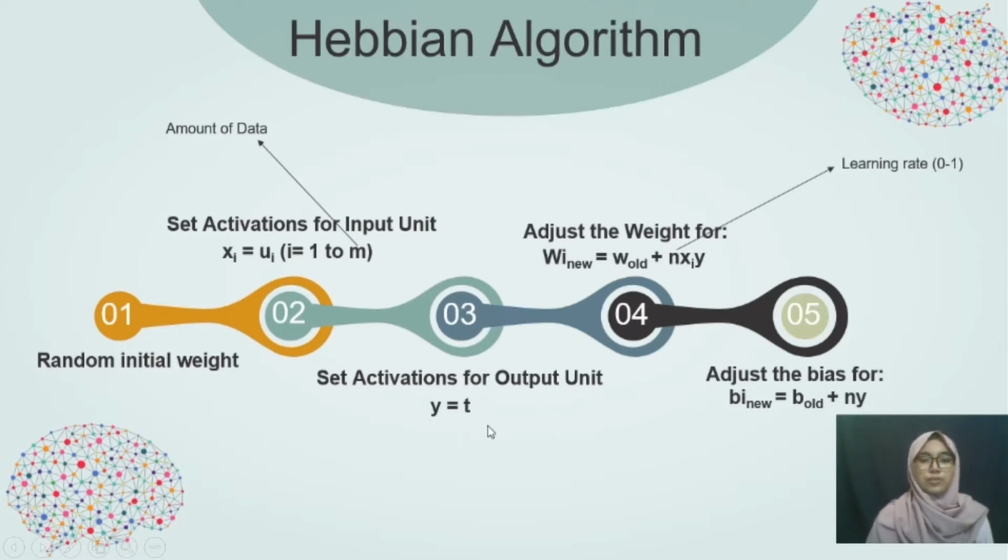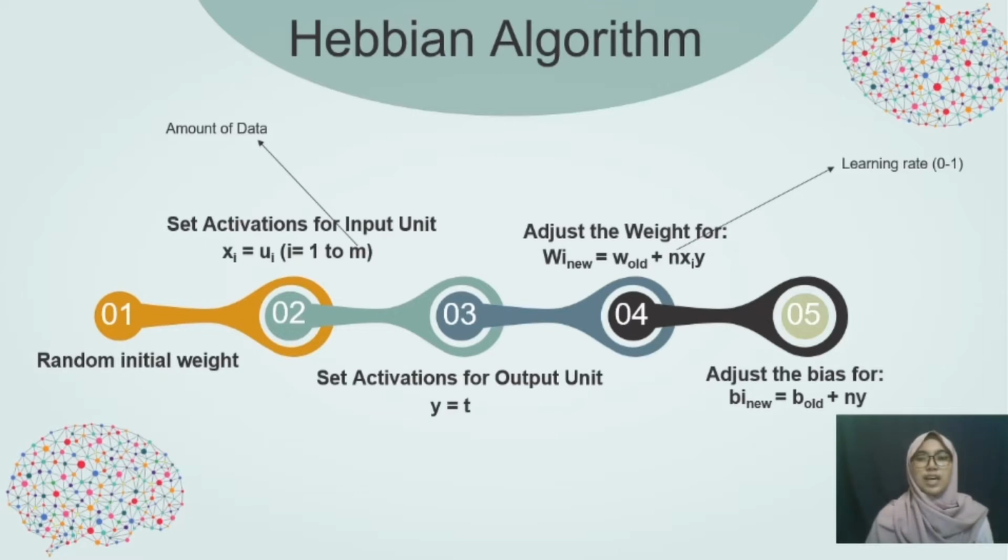We can use this formula: y equal to t, where y is the output and t is the target. And the fourth step is to adjust the weight. We can know the value of the weight with this formula: w new equal to w old plus n times x times y.